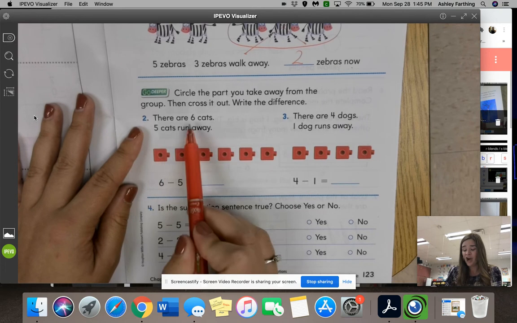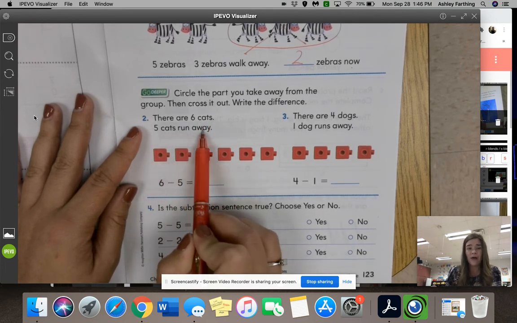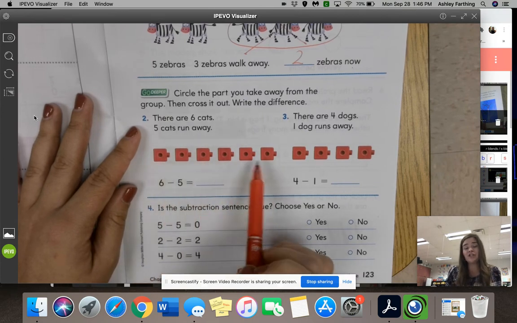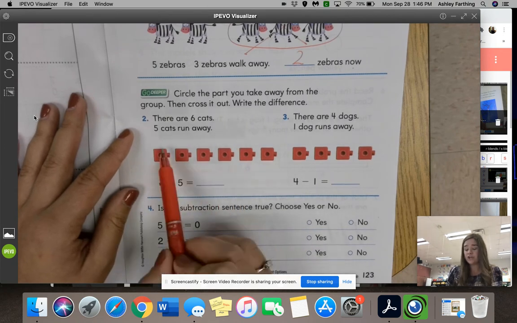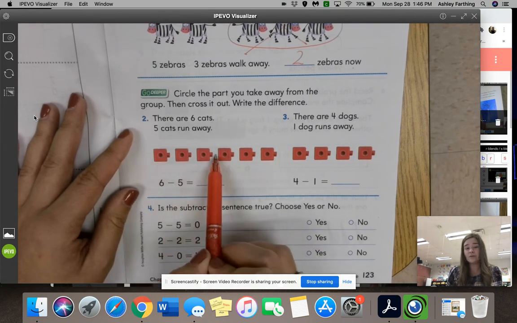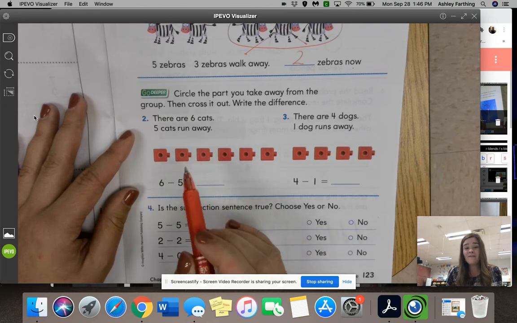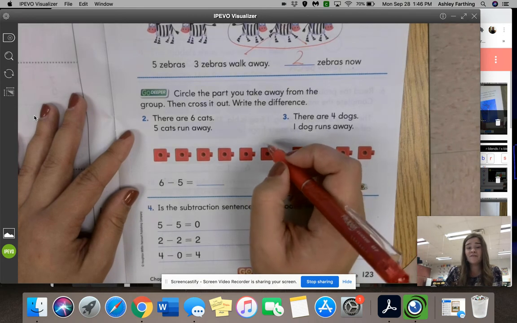Now let's move to number 2. It says there are 6 cats. 5 cats run away. So now instead of giving us cat pictures, it's giving us cubes. Cubes are like the circles that we draw. So we start out with 6. 1, 2, 3, 4, 5, 6. But it tells us that 5 of them ran away. So let's get rid of 5 of them.